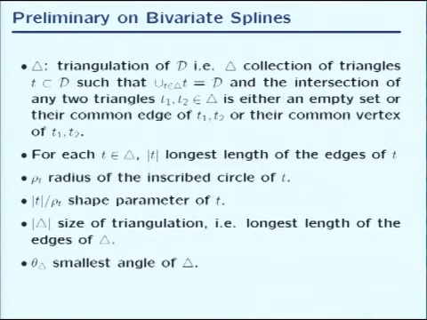So, bivariate splines. If delta is a triangulation of the polygonal domain of interest, that is a partition of the domain into triangles, we denote by |T| for each triangle in the triangulation the longest length of the edges, and rho_T the radius of the inscribed circle in each of these triangles.